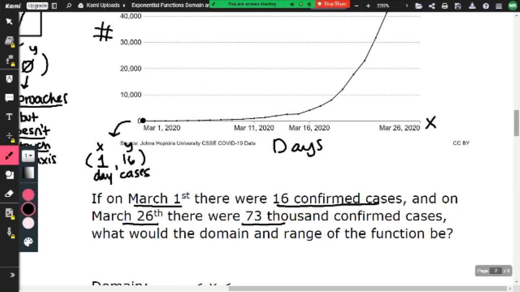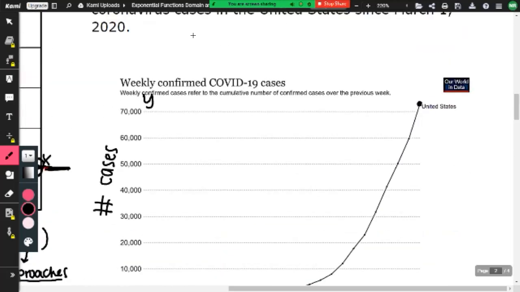That's going to be the other ordered pair. So March 26th is the day, 73,000. I'm going to put 73K for those of you that have never seen that. K means 1,000. 73,000 cases. And put your X and Y. Y values, cases. X values, days.